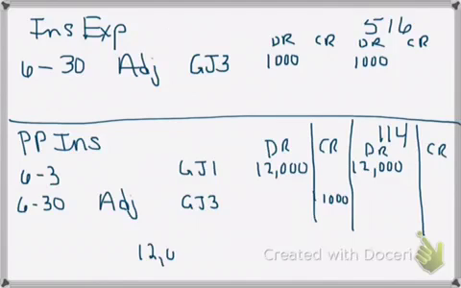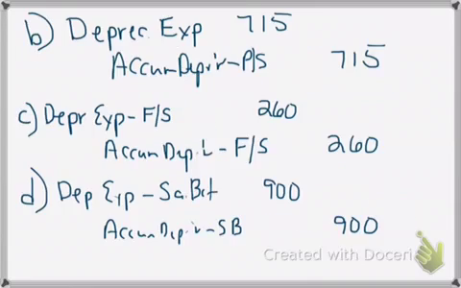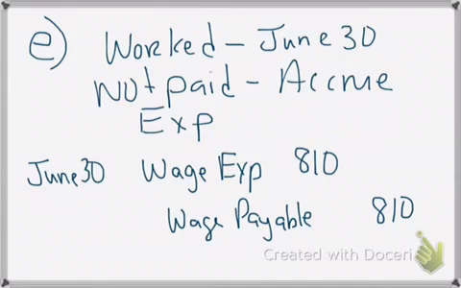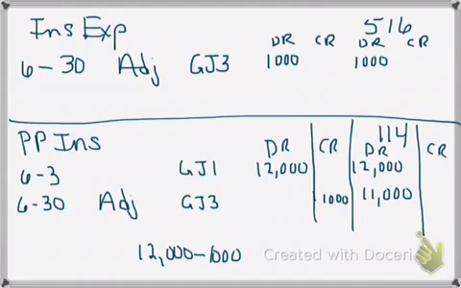Since it's a debit and a credit, we have the $12,000 minus the $1,000, and that's going to give us a debit balance of $11,000. It is account 114, so we need to go back and in this spot put 114. So that is what you would see in the actual general ledger, these different amounts.